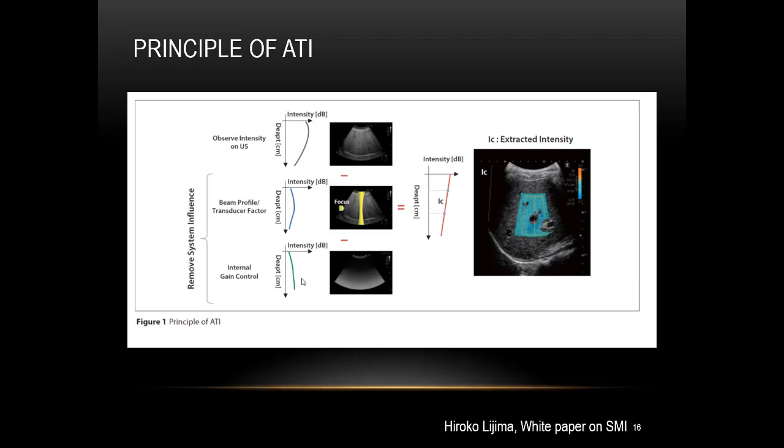When we control everything and convert it into the slope of the attenuation coefficient, it becomes a linear model like this. We use the attenuation coefficient as the constant measured value. The higher the attenuation coefficient measured from ATI, the more fatty change, corresponding to more fatty infiltration of the liver.